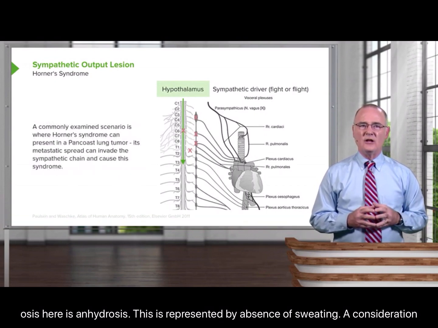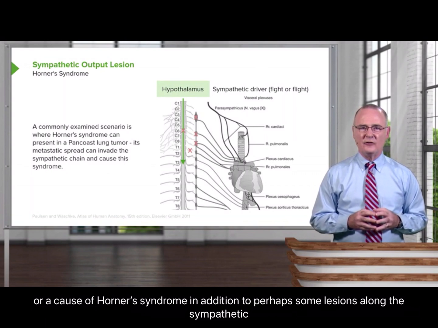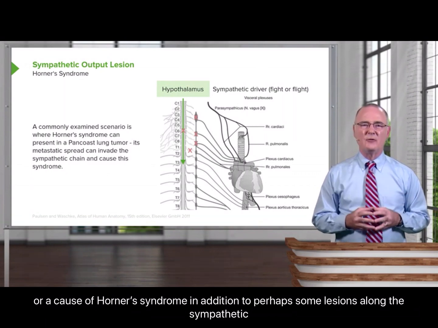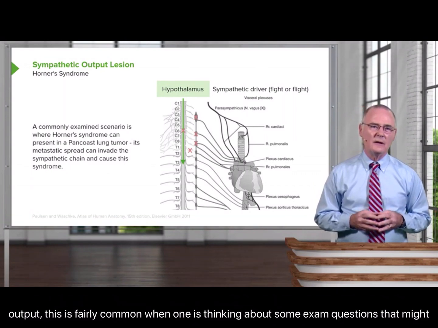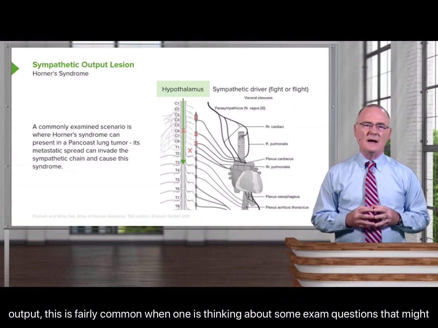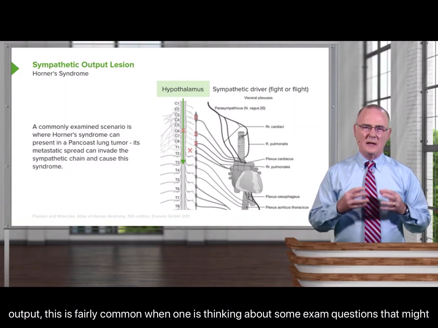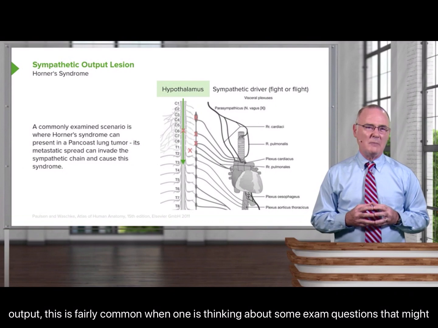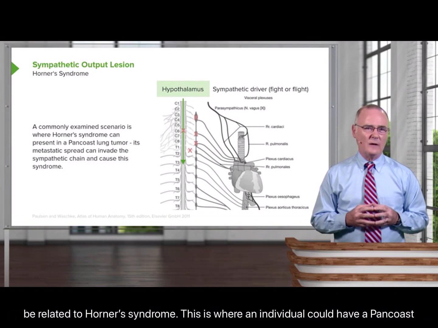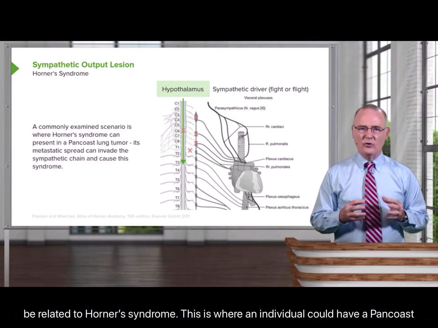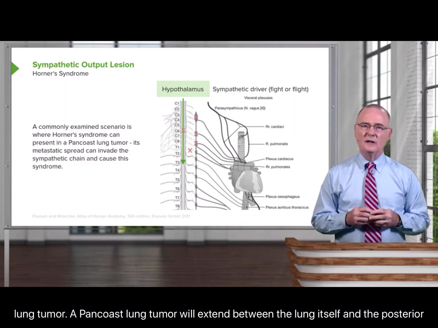A consideration or a cause of Horner syndrome, in addition to perhaps some lesions along the sympathetic output, is fairly common when one is thinking about some exam questions that might be related to Horner syndrome. And this is where an individual could have a Pancoast lung tumor.